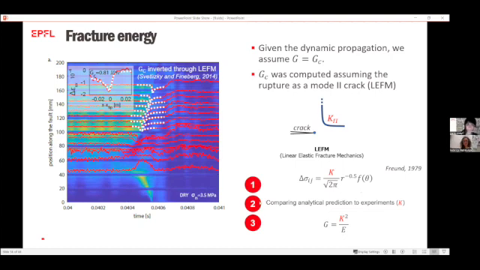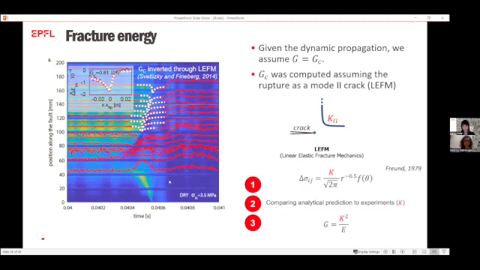And then as a second step, we compared our analytical prediction to the stress perturbation measured in our experiment. In this way, we could output a value of K, the stress intensity factor. And as the third and last step, we could use this stress intensity factor to have an estimate of the fracture energy characterizing our ruptures.